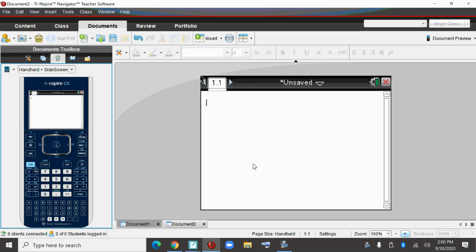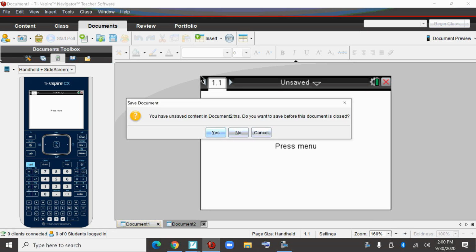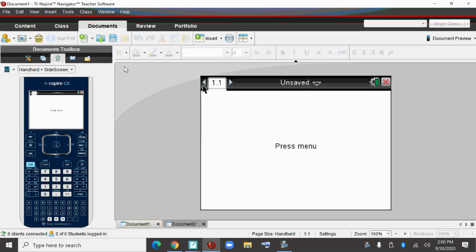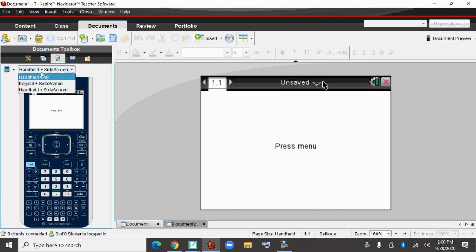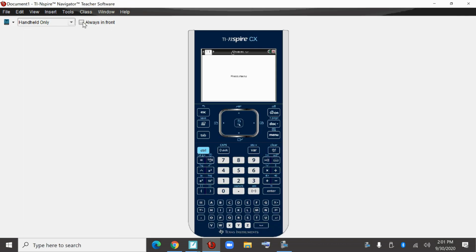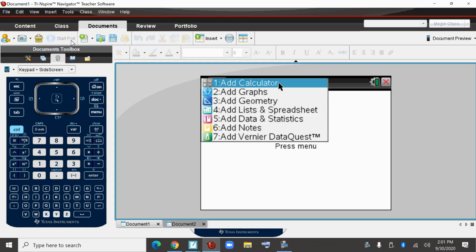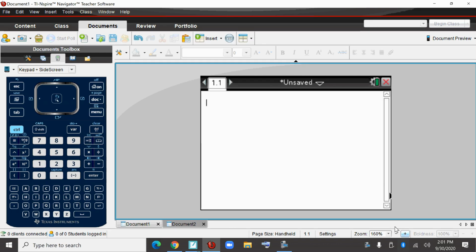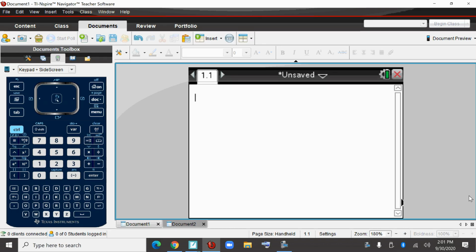They won't let me. Well, that's no good. There we go. No, I want the keypad only. There we go. We want a calculator page. Just must have had to bring that up. Okay. Control division key.